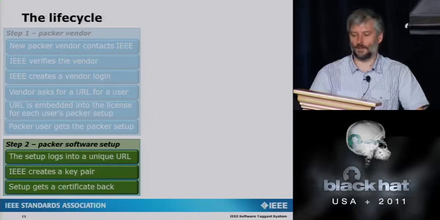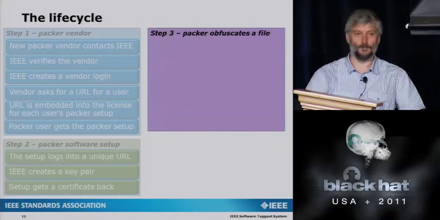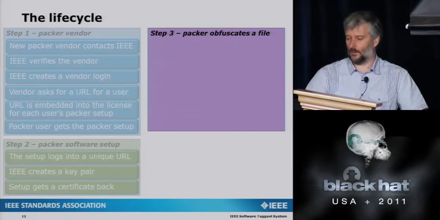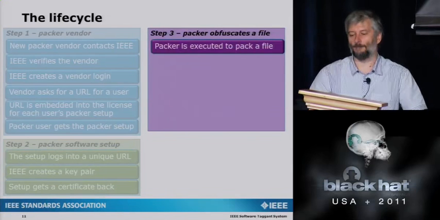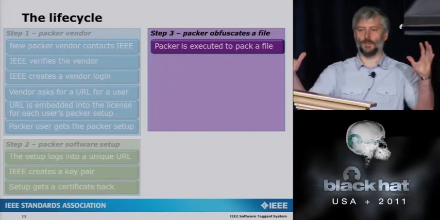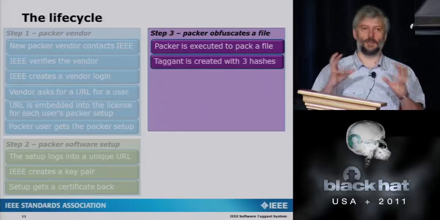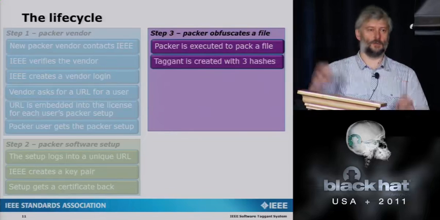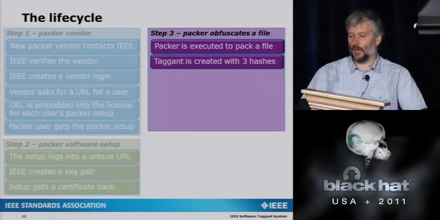The setup gets the certificate back, and when this packer, from that moment in time, obfuscates a file, what will happen? The host file is compressed, or obfuscated. Then a taggant is created which describes the content of that tagged file in a secure way.